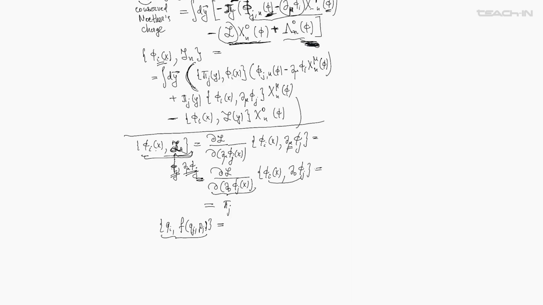If you have a derivative of a composite function, how can I explain this? What I would like to say is that by the usual Leibniz rule, what you would need to do here is to differentiate f with respect to qj, and then take a bracket of qi with qj, plus the derivative of f with respect to pj, Poisson bracket of qi with pj.